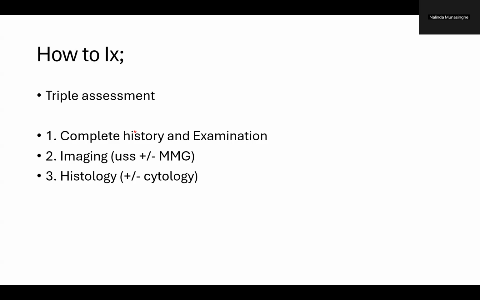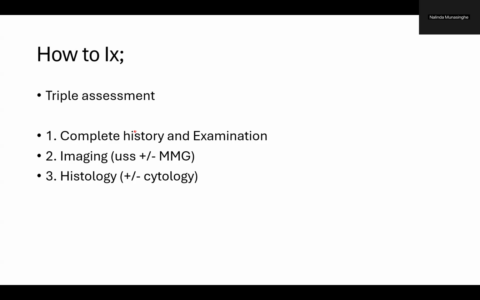The reason that we don't do mammograms for patients who are age less than 40 is merely due to their breast density, and we won't be able to read the mammogram even if we do it. But there are exceptions. For example, if we diagnose a patient with breast cancer at the age of 37, 38, or 39, done ultrasound, done everything, the biopsies, everything done, now the breast cancer is diagnosed.